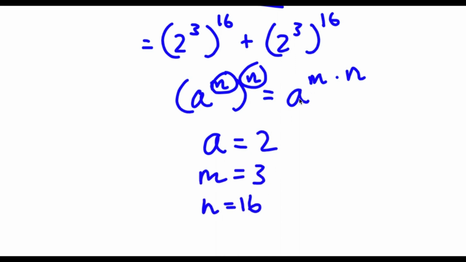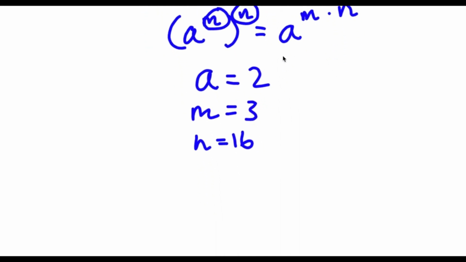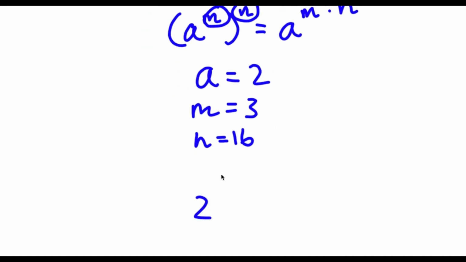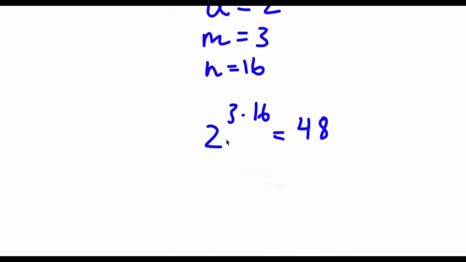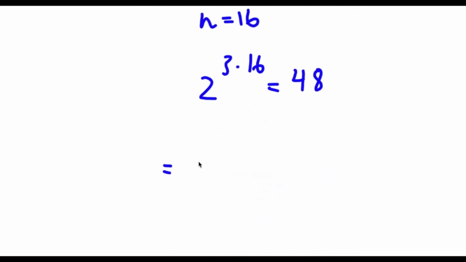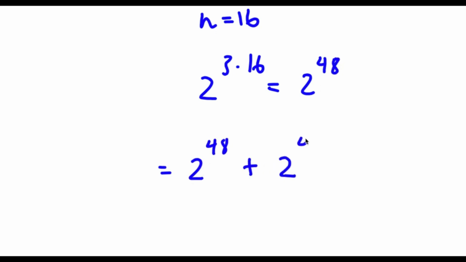So this would be equal to a to the power of m times n. So 2 to the power of 3 times 16, and 3 times 16 is equal to 48. So now I have 2 to the power of 48 plus 2 to the power of 48.